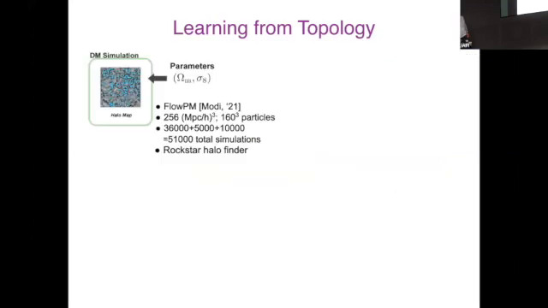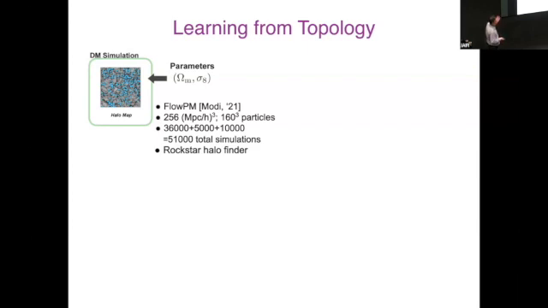And this is what we did in our recent ICML paper. We focus on two cosmological parameters, omega matter and sigma 8. And we use a fast simulator known as FlowPM to quickly produce snapshots of the late time distributions of the dark matter particles.